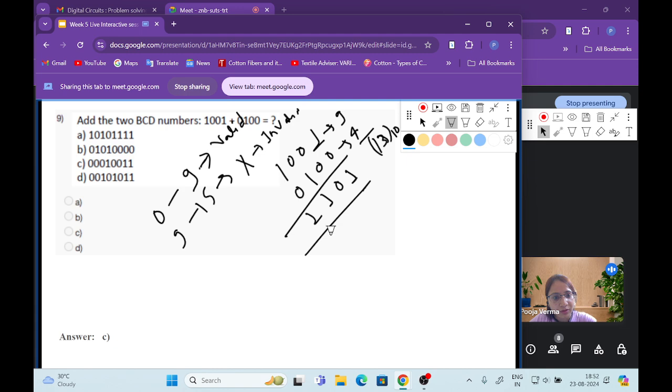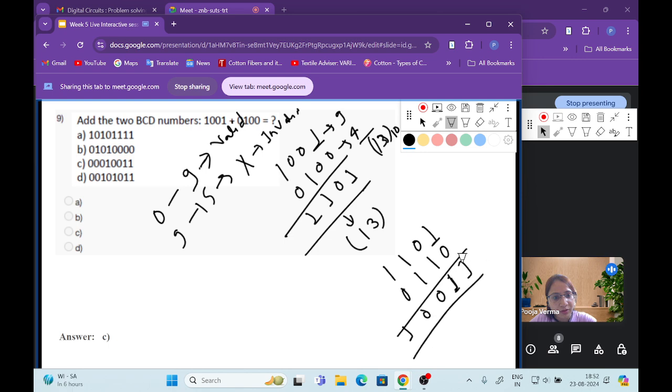If we convert it, it is 8, 4, 2, 1, and it is also coming to 13. But 13 is not a valid BCD number, right? To make it a valid BCD number, we have to add 6 to this 13, that is 0 1 1 0. It is a procedure. So 1 1 1 1, 1 0 0, again 0 1. If we discard the carry, you get a valid BCD number, that is 3, right?